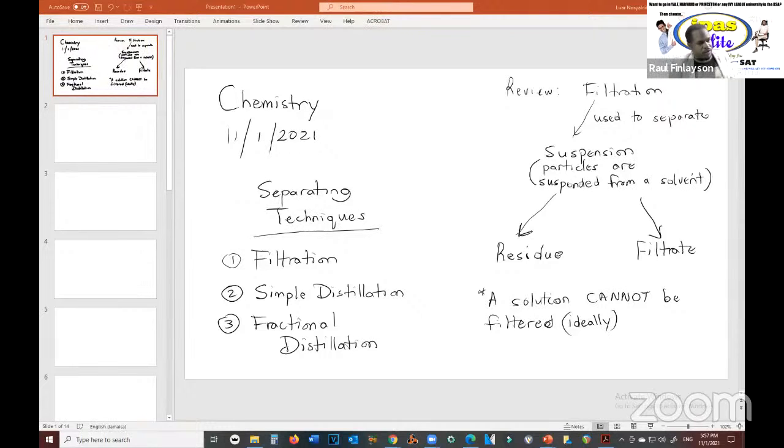There are about, I'd say, five of them that we need to know very well for CXC purposes. But then there are about eight basic ones that you're expected to know. Persons are still writing off what's on the screen.